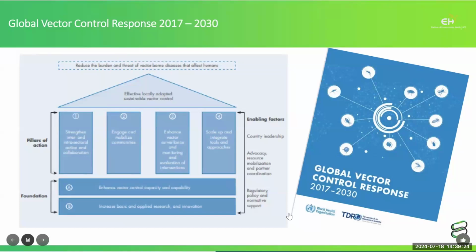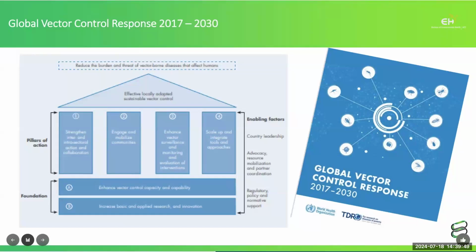It is also to ensure that there is surveillance, to monitor whether there is resistance and how our vectors are behaving, as mentioned by Prof. Basil, but also to see how we can scale up and integrate these tools with other intersectoral departments to ensure that the approaches are more usable within the country, within the context of the ecology of the country.